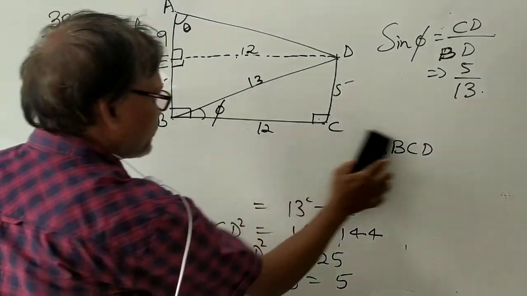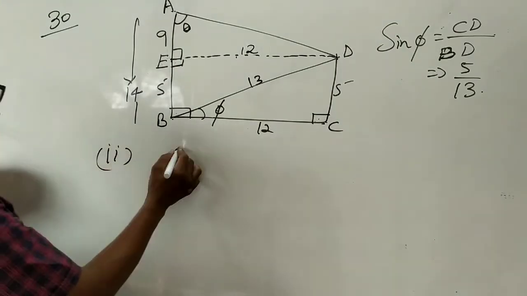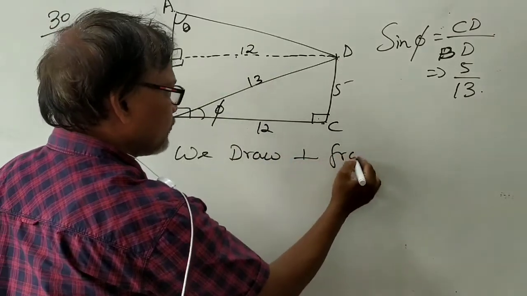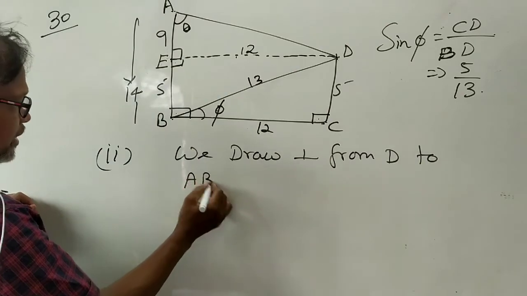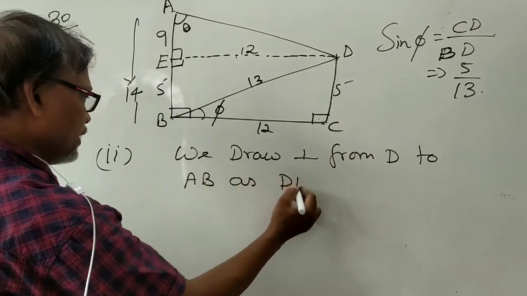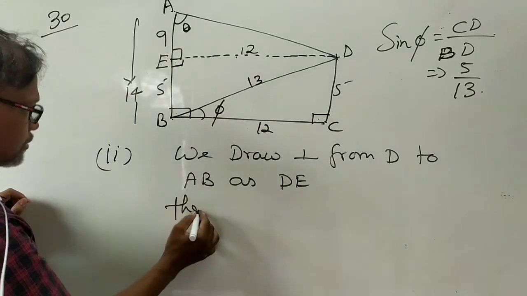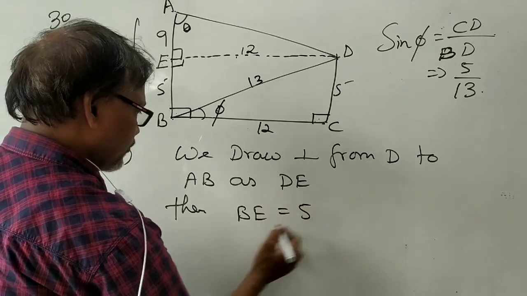You can find, but before that you have to write for the second part. We draw perpendicular from D to AB as DE. ये perpendicular है DE. Then BE is equal to 5.